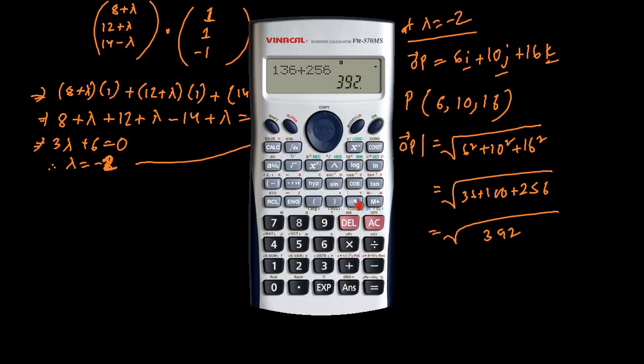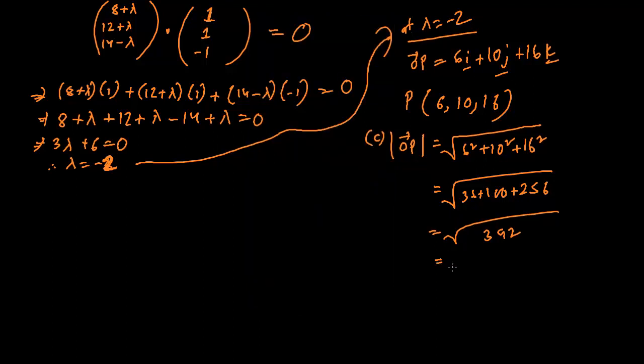Now how to find this in surd form? If we divide this by 2, we get 196, and 14 squared is 196. So this is going to be 14 squared into 2, 14 root 2.